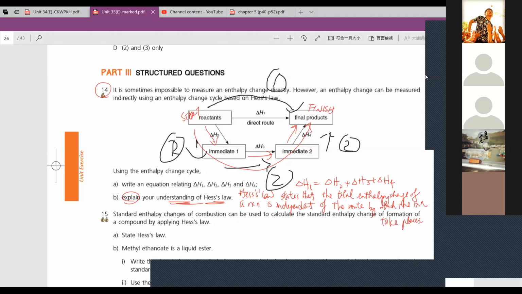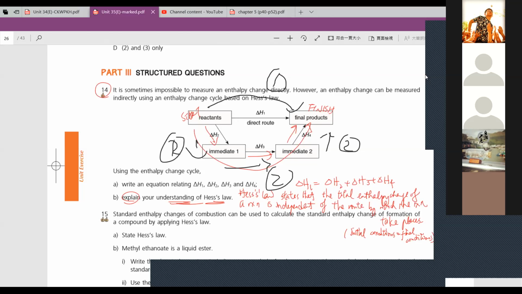So this is what I would like to talk to you. Remember, there's an assumption. The assumption is the initial condition and final condition must be the same. So what is meant by that condition? You usually equate those terms by standard condition.